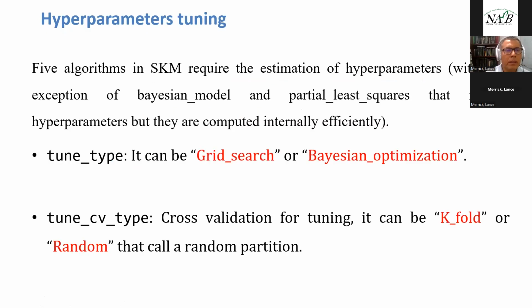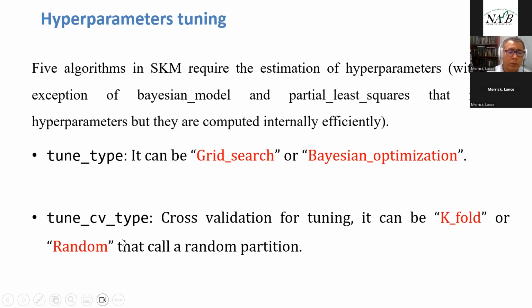Also, it's important to point out that because most of the statistical machine learning requires tuning, you can implement 2 types of tuning here. You can tune the hyperparameters using grid search and Bayesian optimization, and you need to specify the tune type. There are 2 options, grid search and Bayesian optimization.